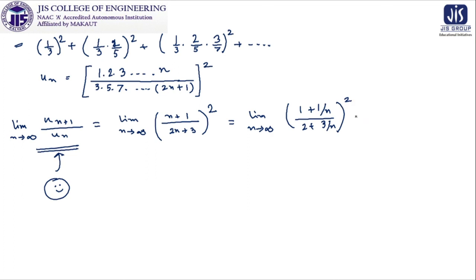Then putting n tends to infinity, we get 1 by 4, which is less than 1. So as it is less than 1, according to the ratio test, we can claim that the given series is convergent.